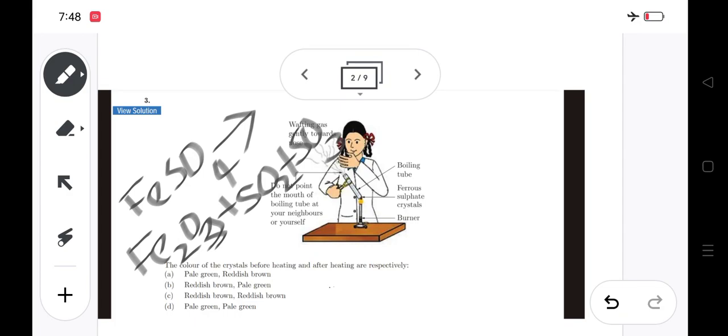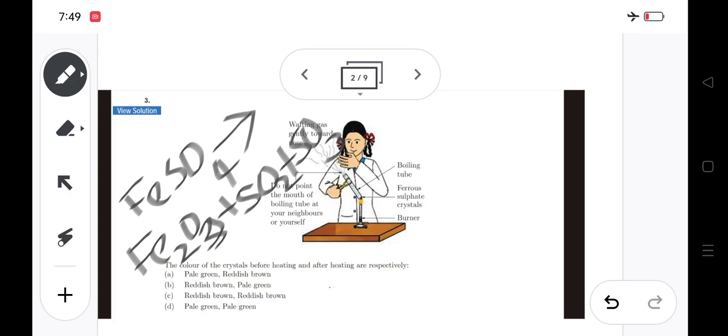Now the question is: the colors of the crystals before heating and after heating are, respectively. What is the color of ferrous sulfate crystal before heating and after heating? Before heating it was ferrous sulfate, and after heating it turns to ferric oxide. The actual color of ferrous sulfate is pale green.